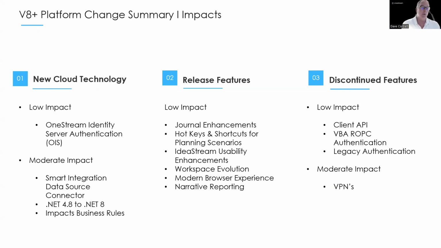And now version 8's been in market for nearly a year. We released 8.0 back in August of 23, and the current OneStream platform release in market is 8.2, and we expect a new release that we're calling R2 at the moment to be in August of this coming year.